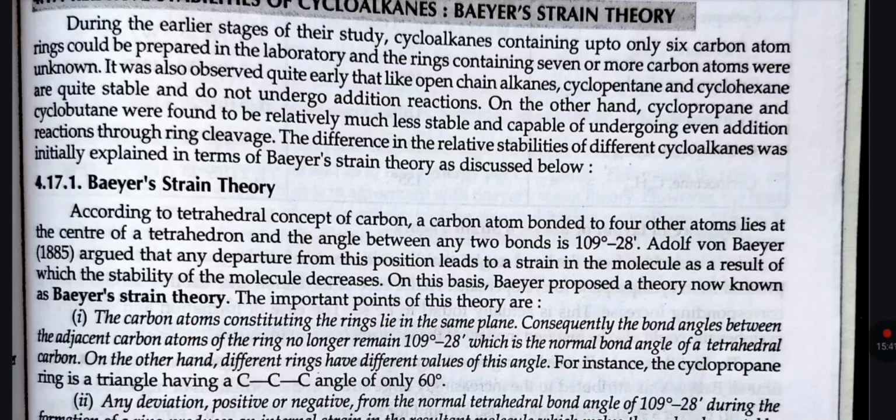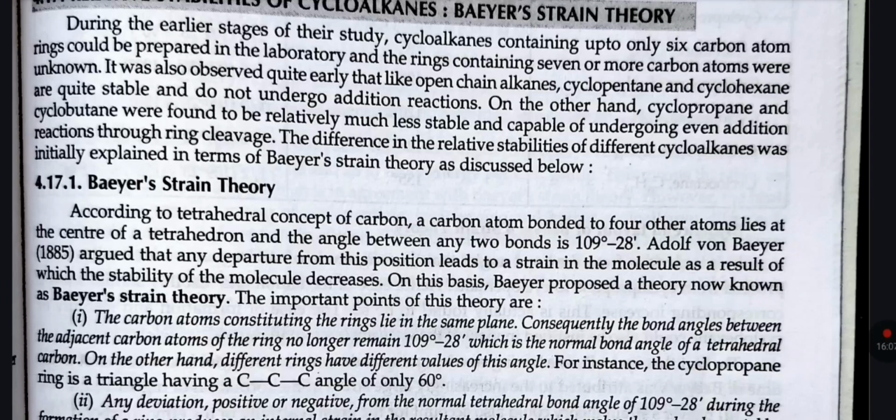The important points of this theory are: first, the carbon atoms forming the ring lie in the same plane. Consequently, the bond angle between adjacent carbon atoms of the ring no longer remains 109 degrees 28 minutes, which is the normal bond angle of the tetrahedral carbon. Different rings have different values of this angle.